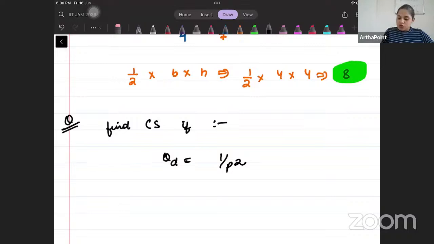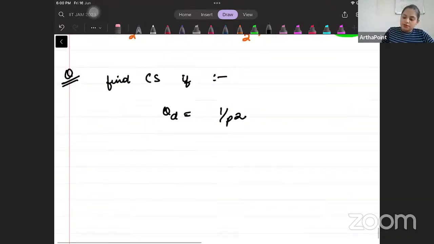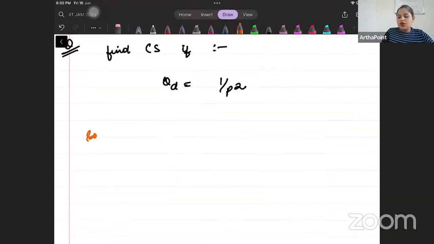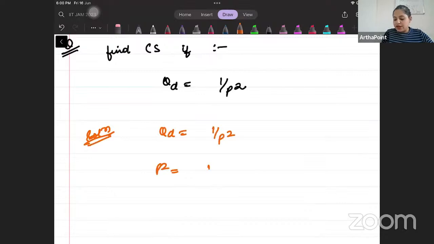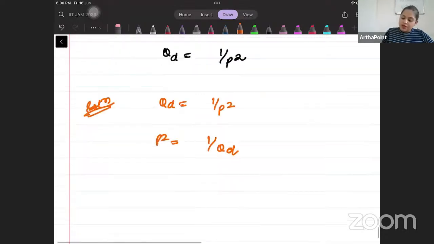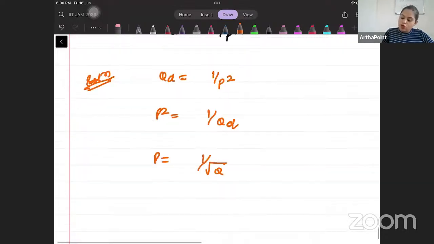Let's try this question. So beta, solution. QD is 1 by P square. So P square will be 1 by QD. So P will be 1 by root of QD. Okay. Now it is asking to find consumer surplus.